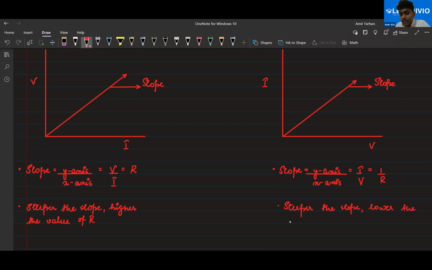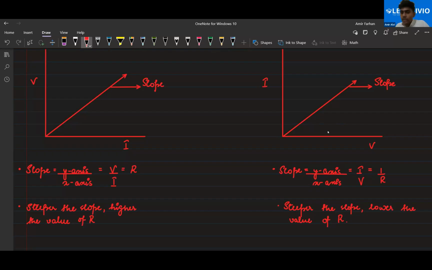That's why students get confused in these graphs. They do not think about whether it's an I-V graph or a V-I graph. If the question gives you an I-V graph and asks which has the lowest resistance, they mark the highest resistance as the lowest, because in that case the slope is smaller, so the resistance will be higher.